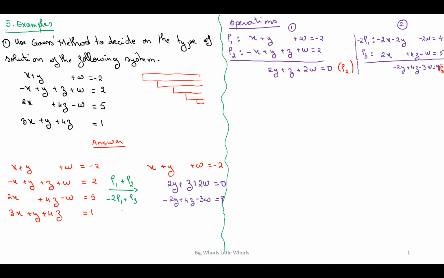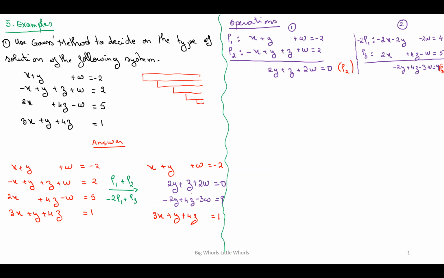I don't have enough space here, otherwise I wanted to do something. So I'm going to recopy row 3 here and we will go to the other system. So row 3 is 3x, and I haven't changed row 3 yet, so let me recopy it the way it is, equals 1.